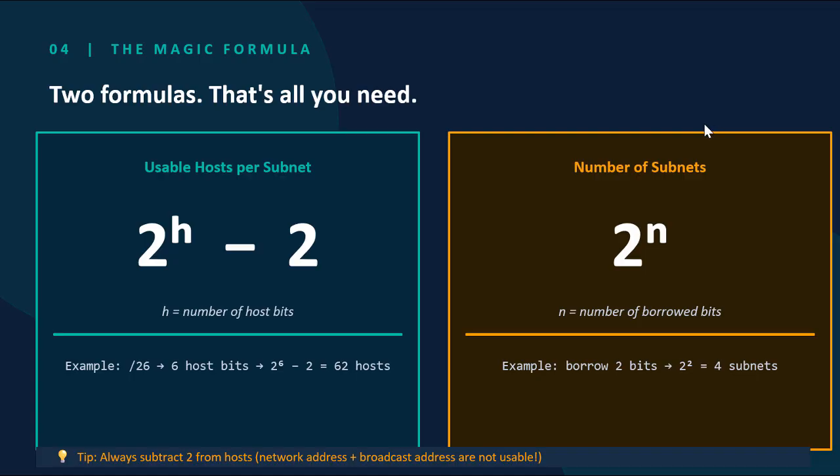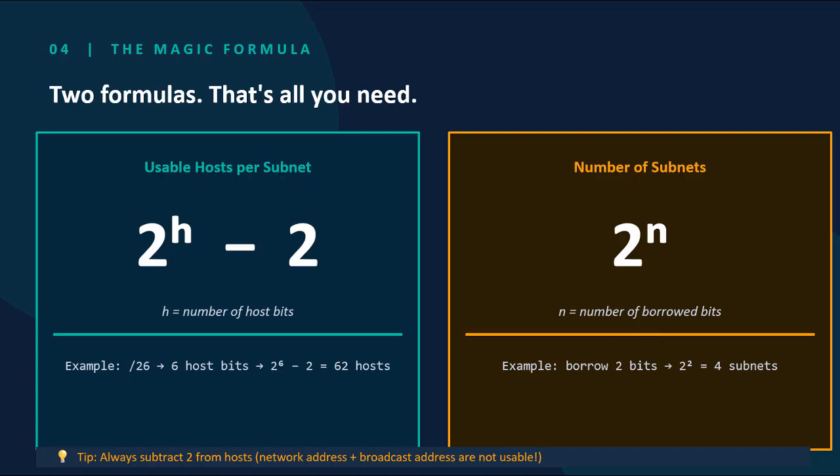So formula number 2 is to calculate the number of subnets. It is 2 to the power n, where n is the number of bits borrowed from the host portion. If you borrow 2 bits, 2 to the power 2 is 4. If you borrow 3 bits, 2 to the power 3 is 8. If you borrow 4 bits, 2 to the power 4 is 16.